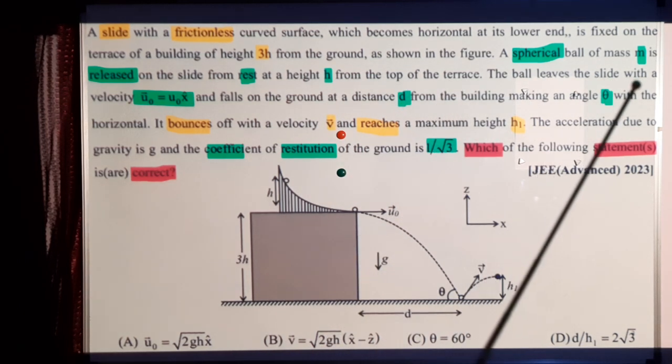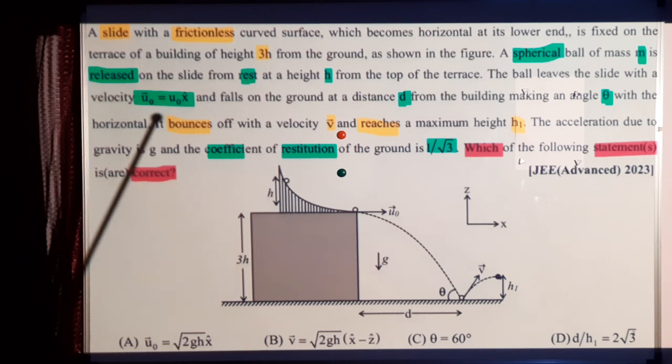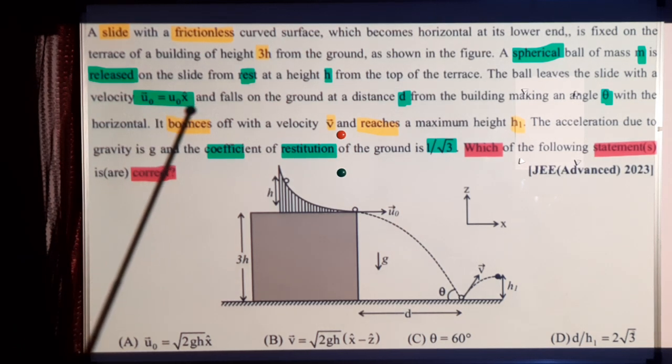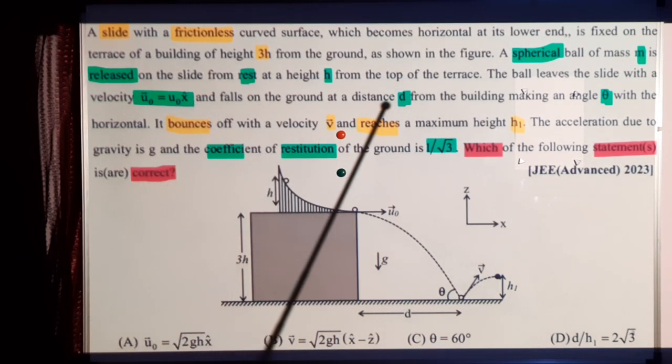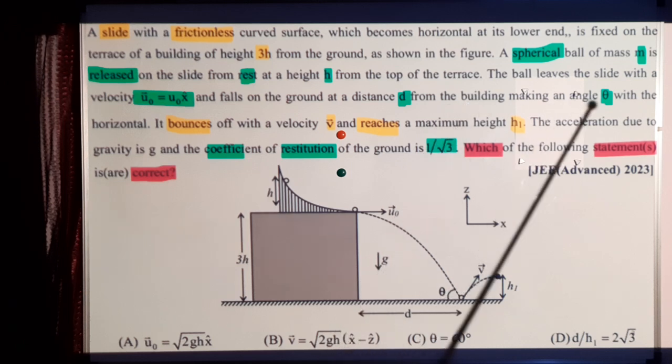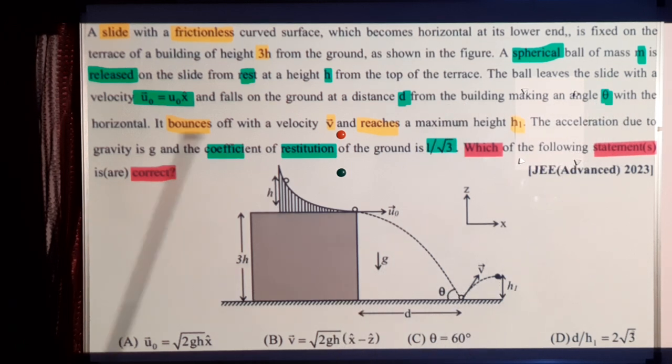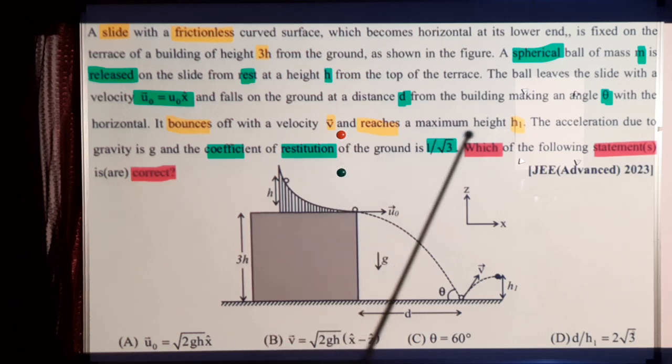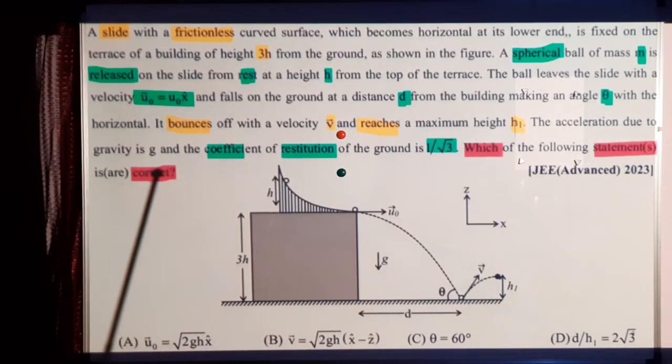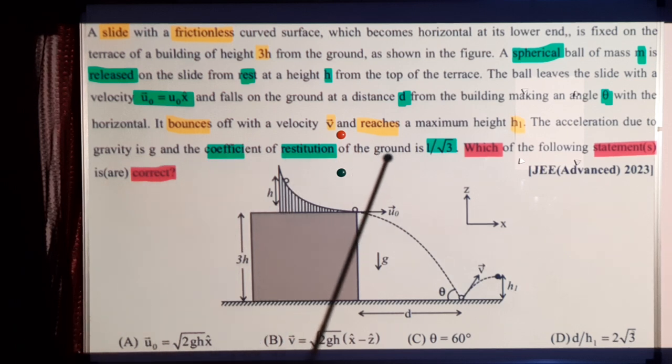The ball leaves the slide with a velocity u0 equal to u0 x cap and falls on the ground at a distance d from the building, making an angle theta with the horizontal. It bounces off with a velocity v and reaches the maximum height h1. The acceleration due to gravity is g and the coefficient of restitution of the ground is 1 by root 3. Which of the following statements are correct?